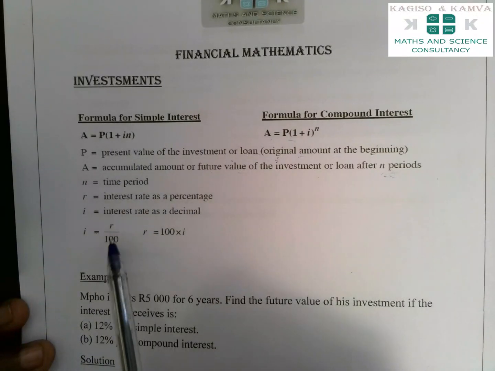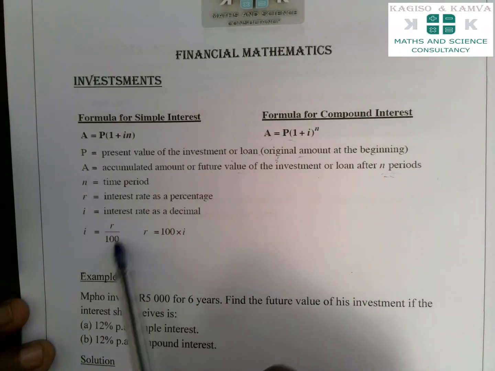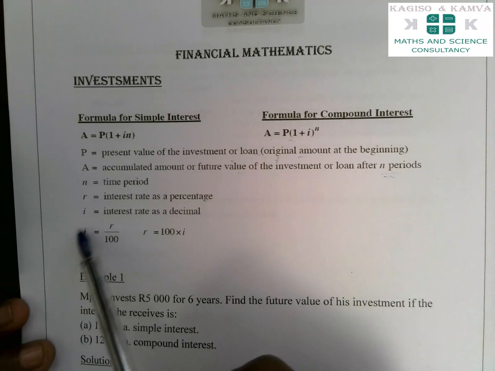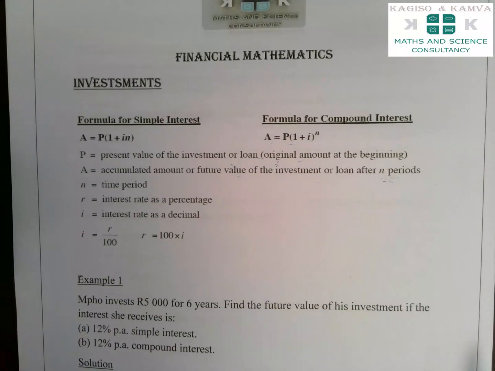So if it's 12% or 10%, for us to get i, we just say 12 divided by 100, so that we get i in the form of a decimal.